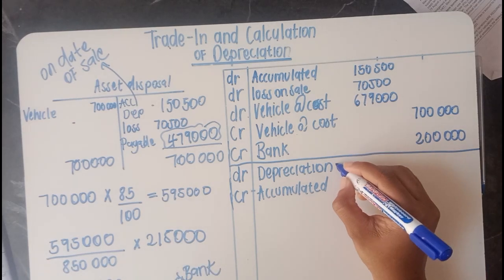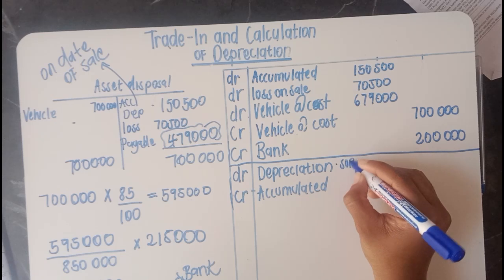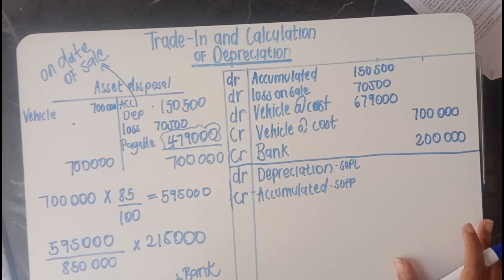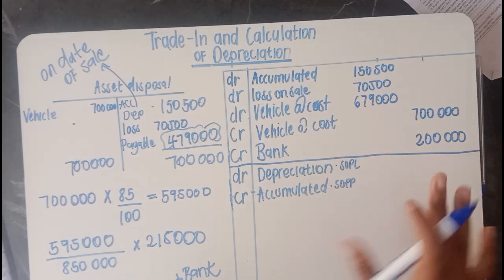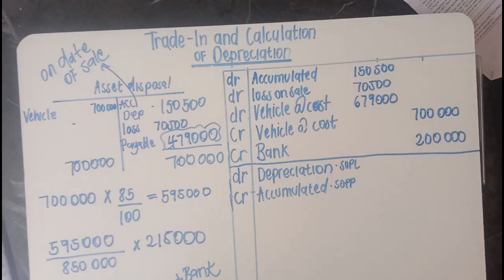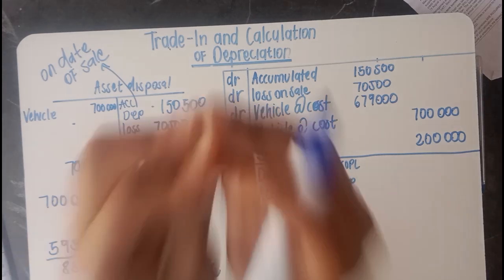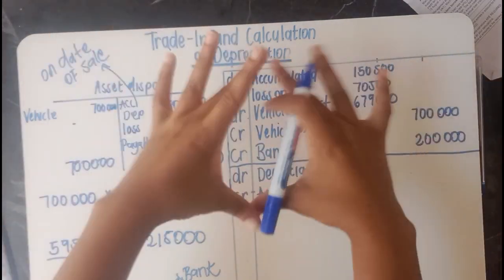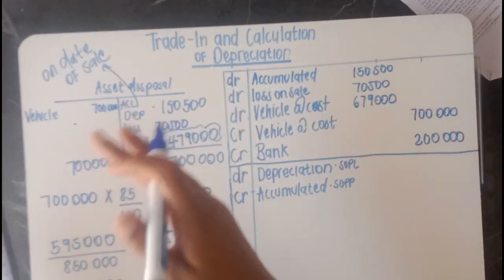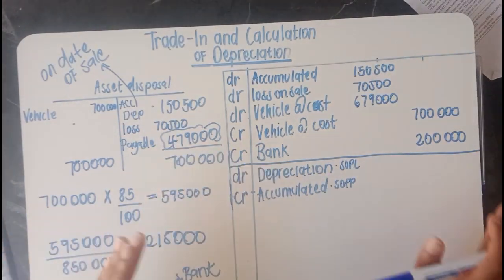And then here it's obviously statement of profit and loss, and this one is statement of financial position. The statements don't change. The journal entries don't change. What changes is the amount. Remember, sit down and tell yourself, okay, when I'm dealing with a trade-in, this is the transaction I have. The only part that changes is whether you have profit or loss.